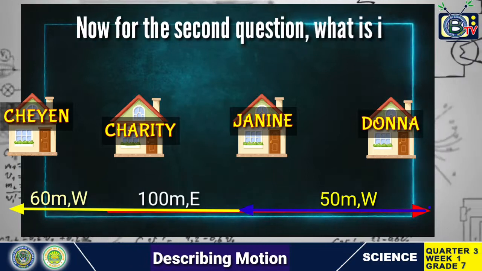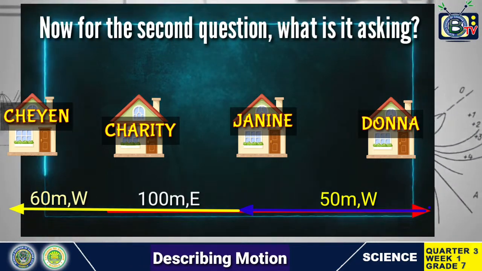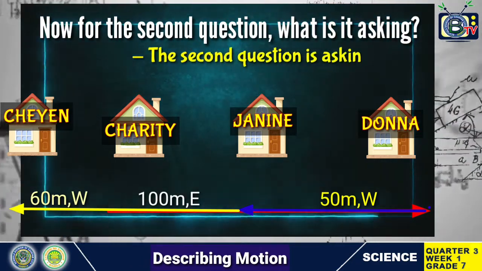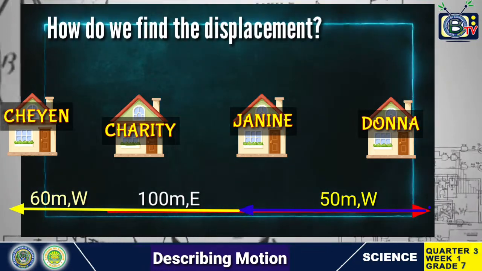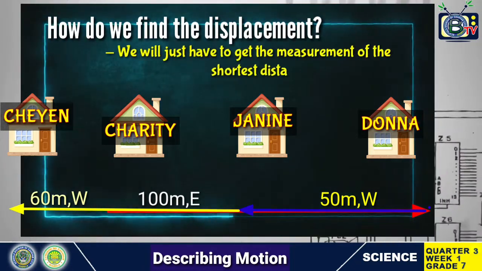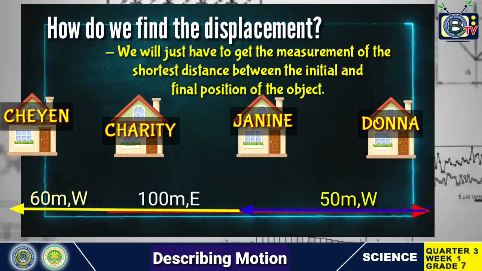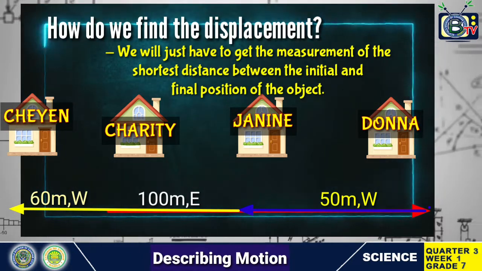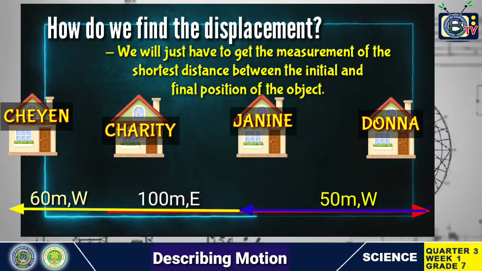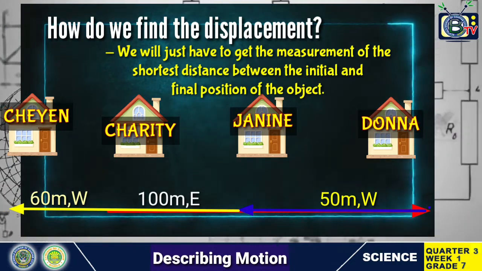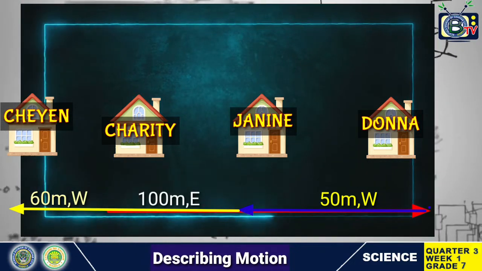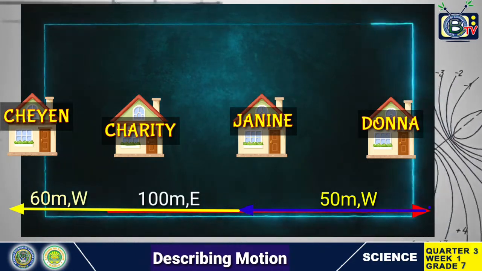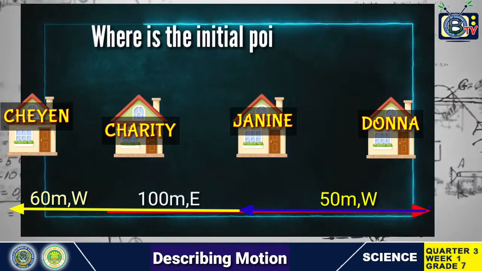Now, for the second question, it is asking for displacement. How do we find the displacement? Excellent! We will just have to get the measurement of the shortest distance between the initial and final position of the object. Let's use the illustration we have drawn earlier. Where's the initial point again?